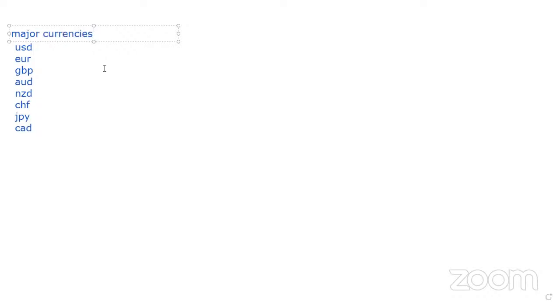Remember, these are the major currencies. Then every other currency falls into the other group, exotic currencies, including the Chinese yen.